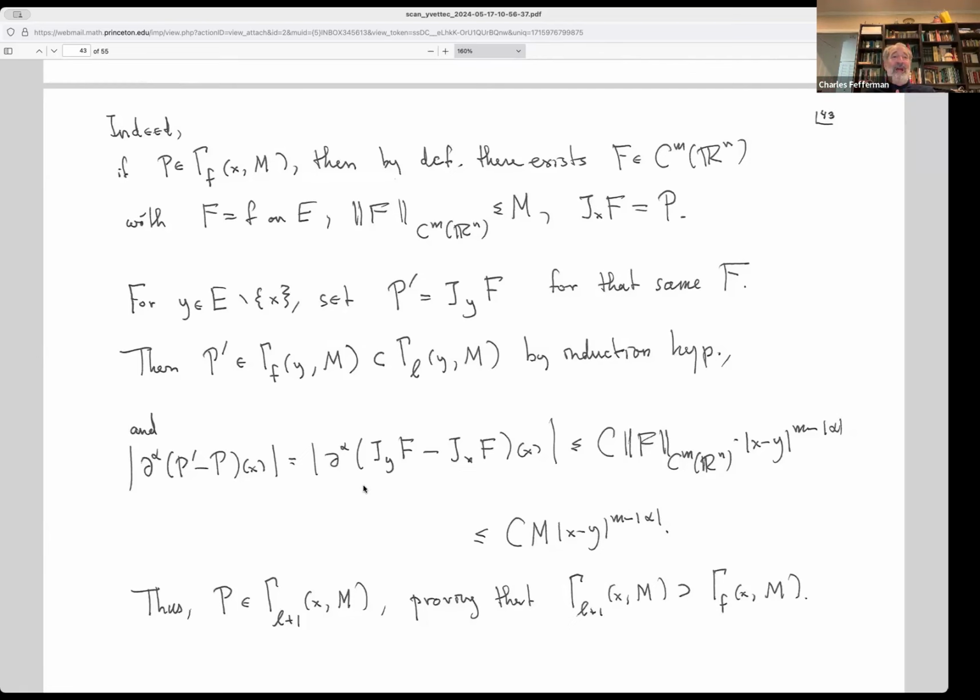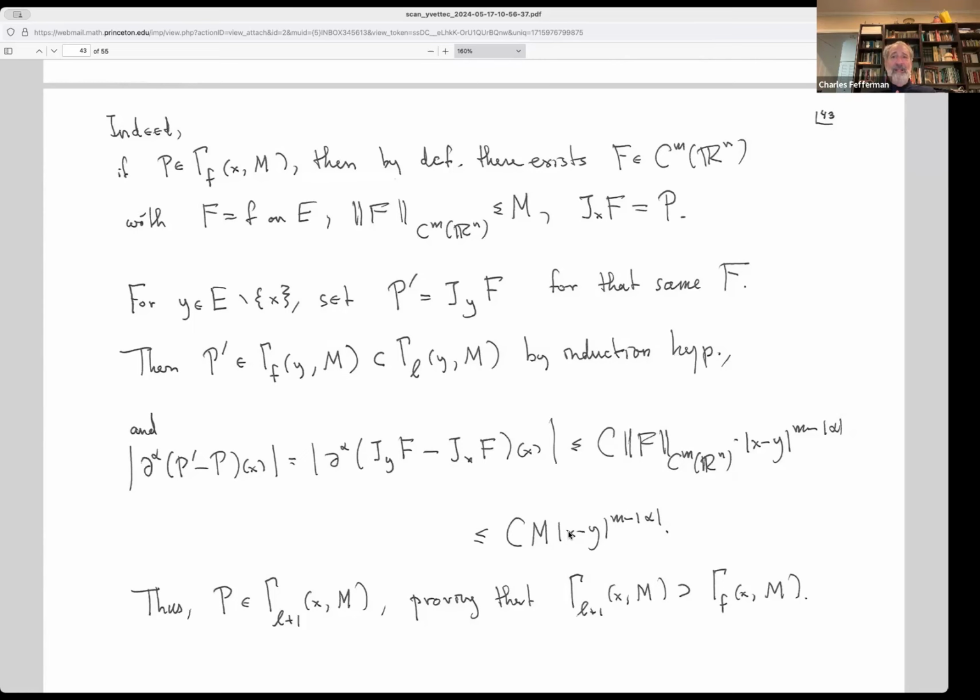The desired estimate for P prime minus P is obtained by just noting that P prime is the jet of F at y and P is the jet of F at x by definition. And this is less than or equal to this guy. That's Taylor's theorem. And the norm of F in Cm is at most capital M. And so this guy is less than or equal to that guy.